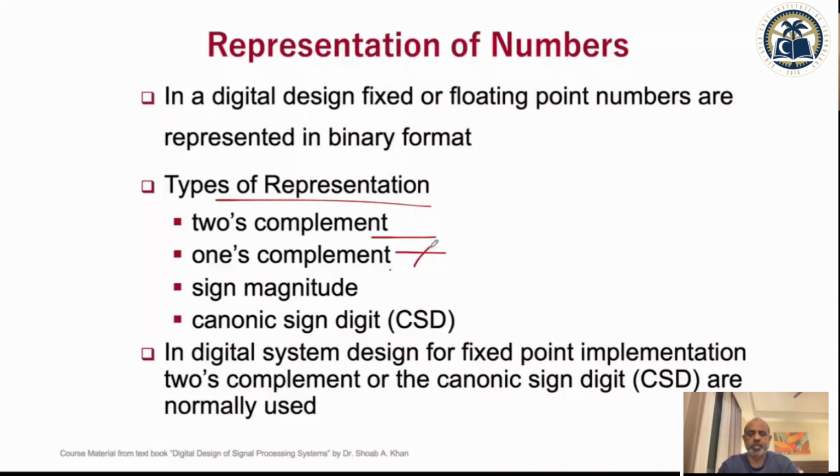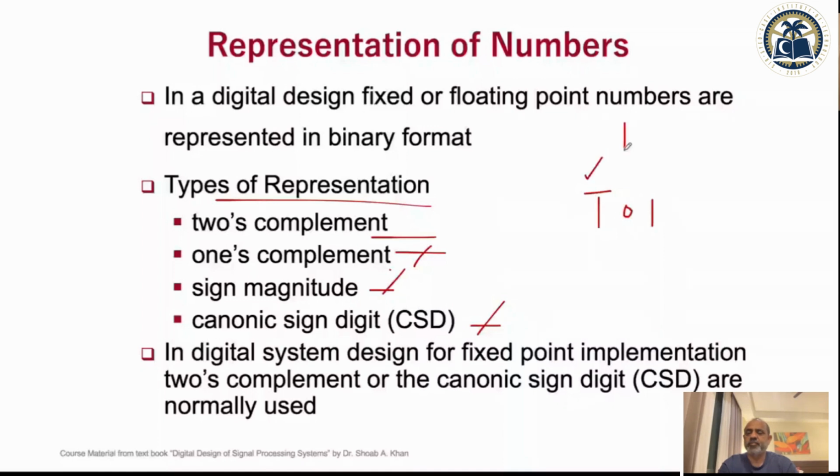Sign magnitude, nobody uses this. Sometimes in hardware, if we are dealing with fixed numbers like coefficients, canonic signed digit is also used, where the digit is not only 0 and 1, it could be -1, 0, and 1. So -1 is also an option.